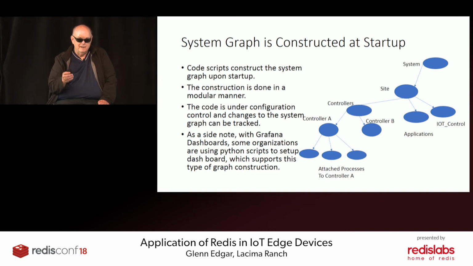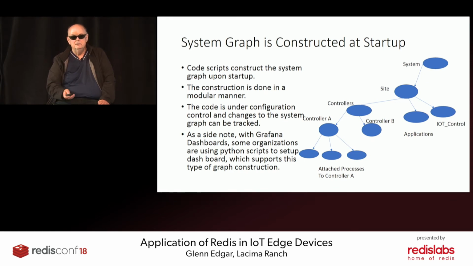What I found is that it's better to construct this graph as code rather than use a dashboard to bring it up, because at least you have configuration control. Also with code, you can structure it in a modular fashion and put systematic checks on it.